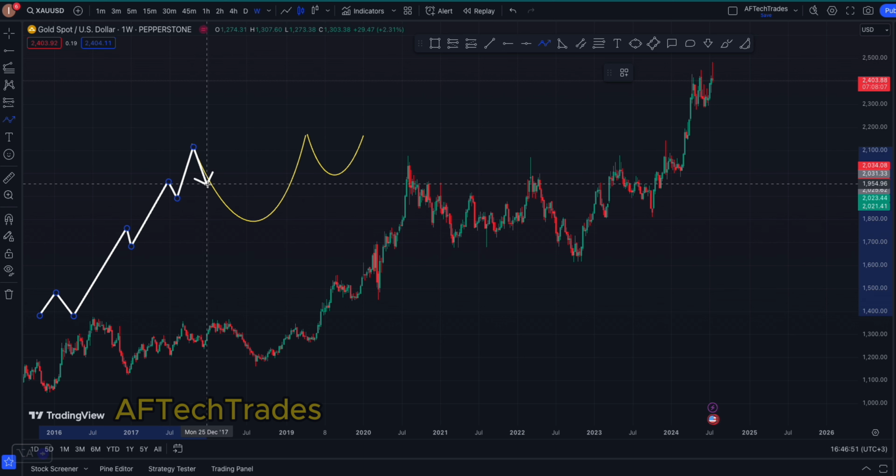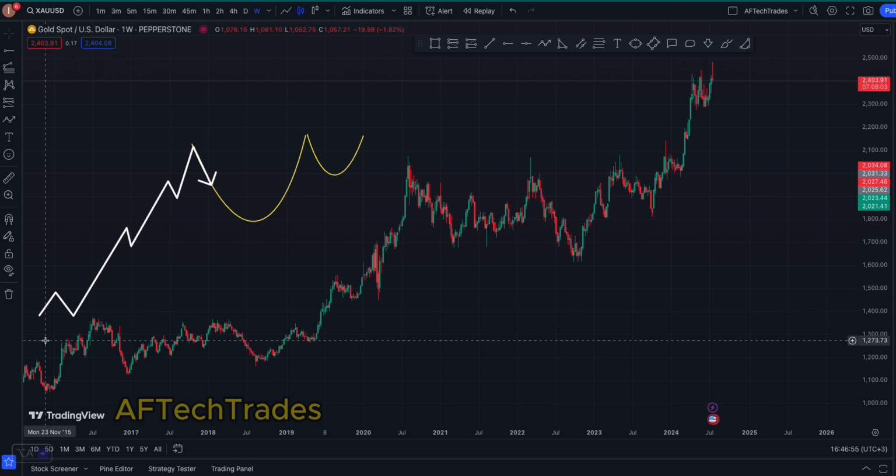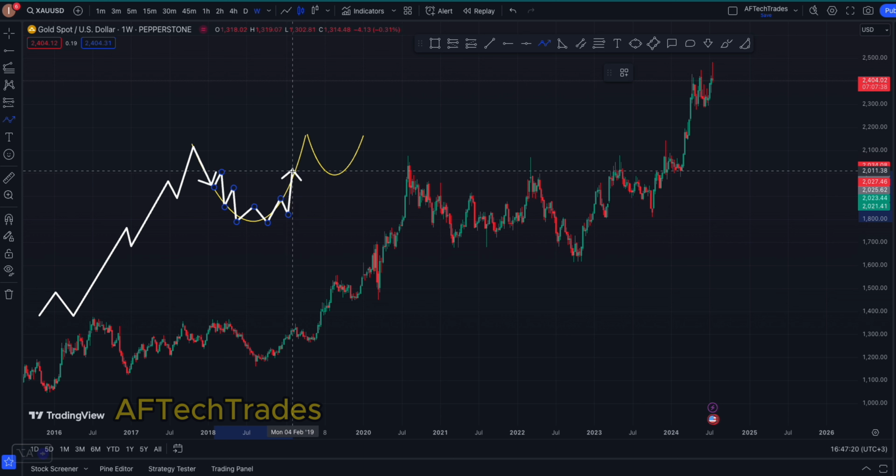So you had a bullish run, and then all of a sudden you see a formation that looks like this. In a real life situation, you might not have it perfect, but you might have something that looks like this.